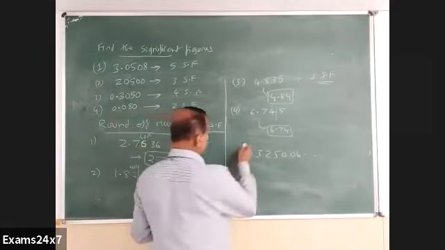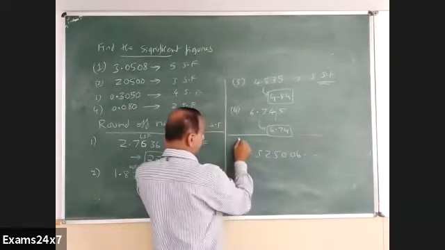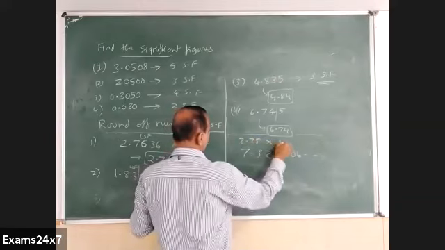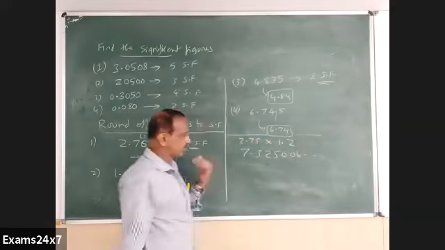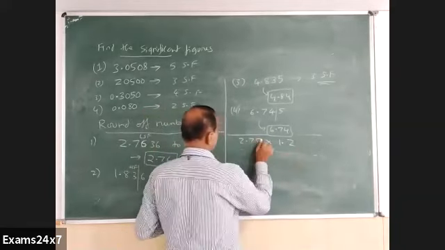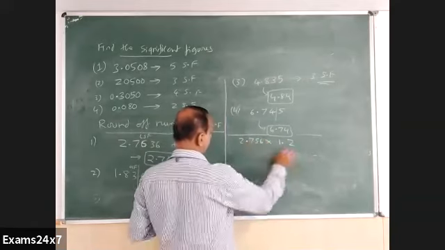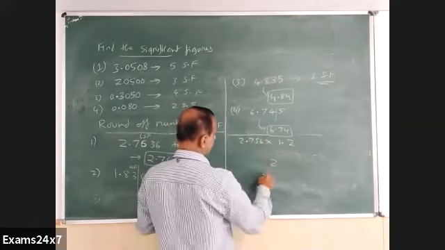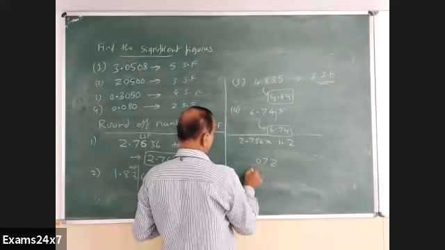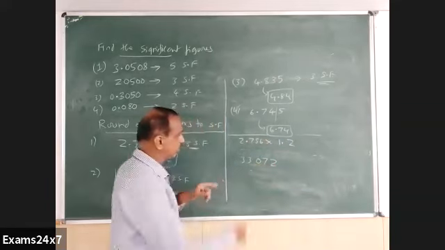For example, you have multiplied two numbers, 2.75 and 1.2. Take the product. It comes to 3.3072.